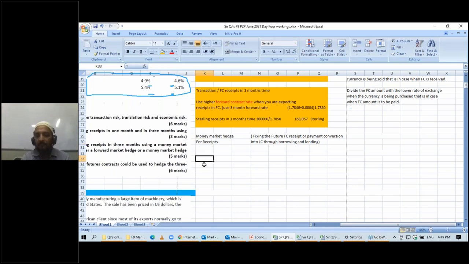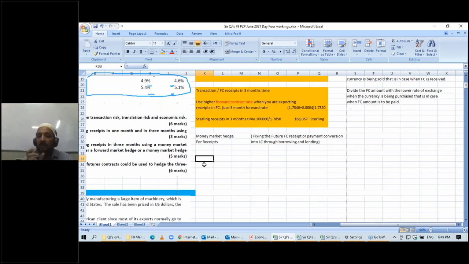See, remember, this is a tip for using the money market hedge. When you are expecting to receive foreign currency in the future, like in 1 month's time or 3 months time, over here they want you to hedge the 3 months receipts using the money market.